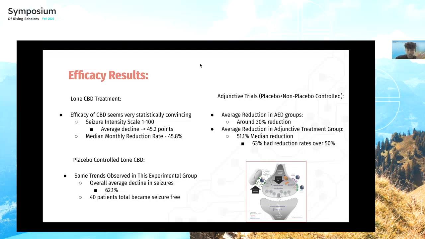In the AED groups, they recorded around a 30% reduction in epilepsy. In the adjunctive treatment group, it was a 51.1% median reduction, and 63% of patients had reduction rates over 50%. So there's a really big margin between the efficacy of AED and adjunctive treatment. This provides a very interesting outcome.